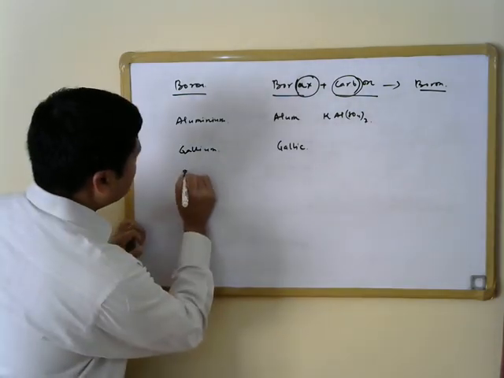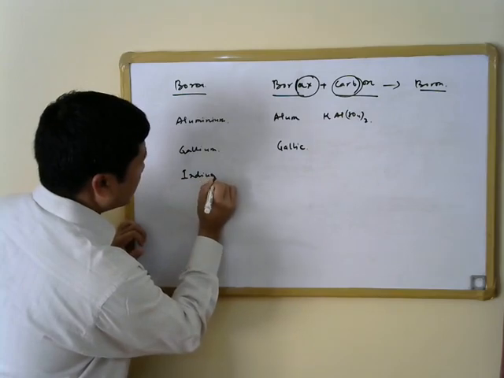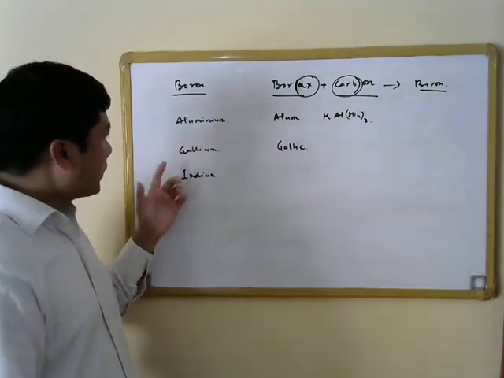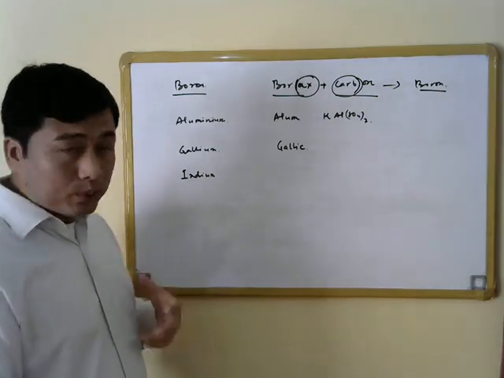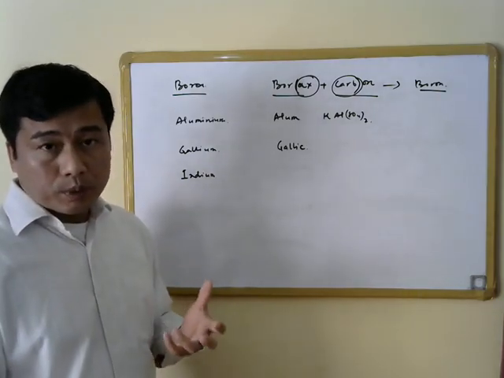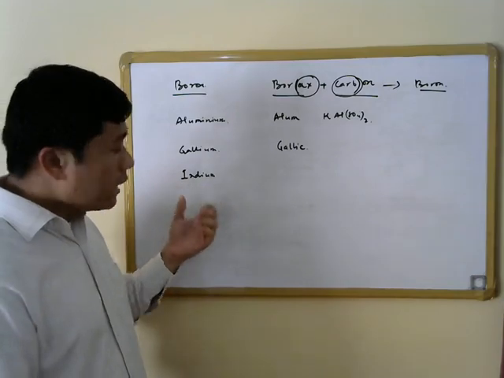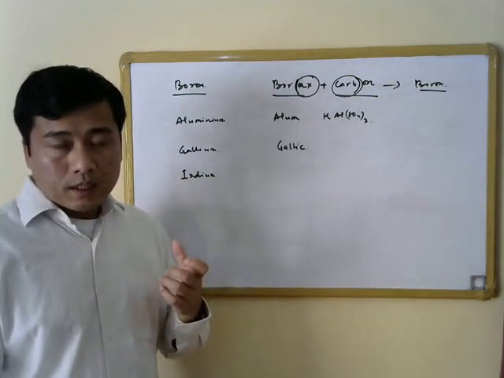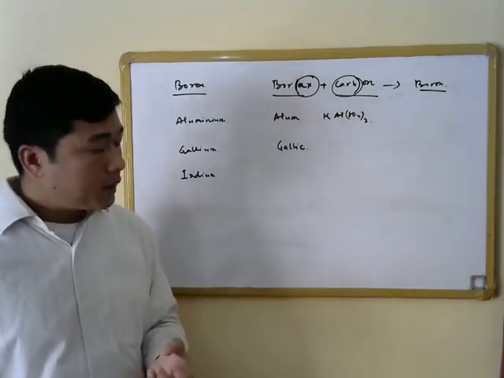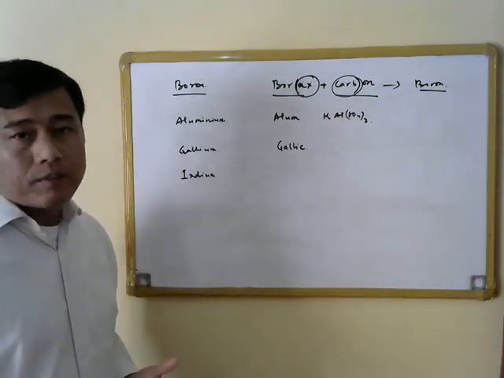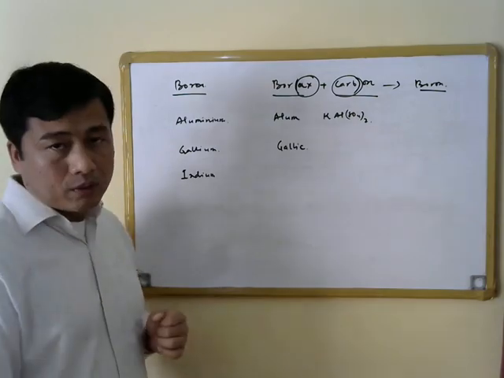And indium: both of these elements, gallium and indium, were discovered by using spectrophotometry, and indium apparently shows a characteristic blue line in spectrophotometry, and that is why the name indium came up for this particular element.